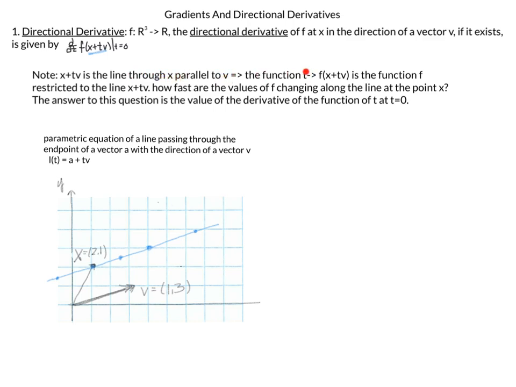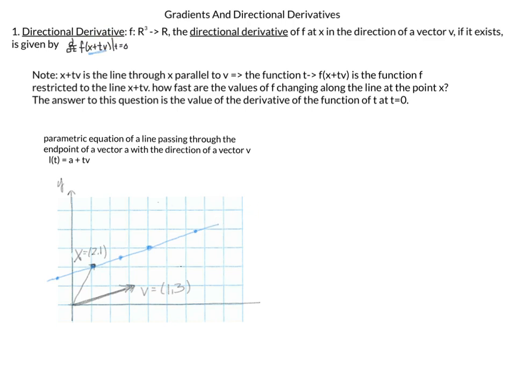So the function that goes from t to f of x plus tv, x is given, v is given, so t is your variable. Here, f of x plus tv is essentially the function f restricted to the line x plus tv, because you're plugging in values for t, and the output is going to be points on this line.